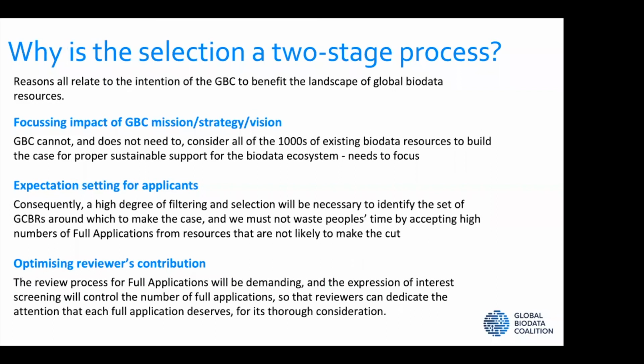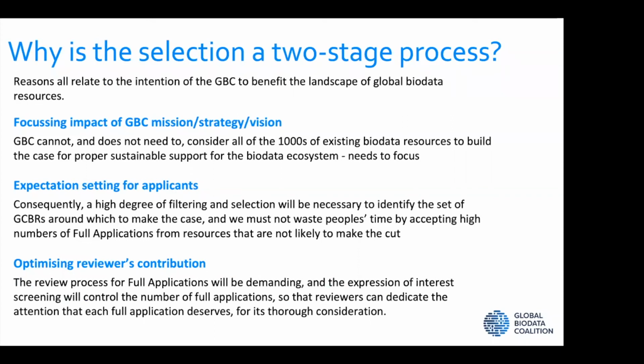The applicants in this process will typically be the managers of the data resources. They are very busy managing their data resources. And so we don't want to load a lot of unnecessary detail onto a great many biodata resources at the first stage. There will necessarily be a high degree of filtering and selection as we build this initial list of global core biodata resources.